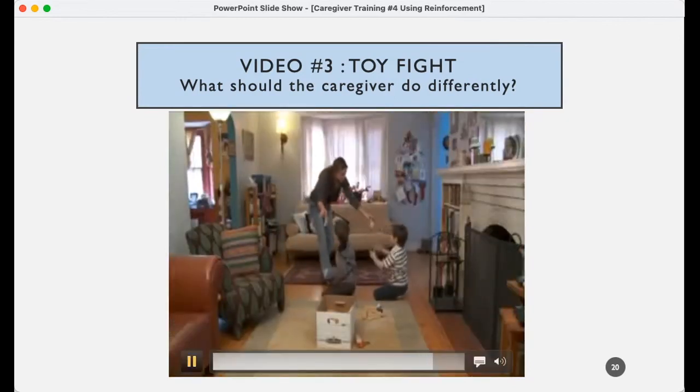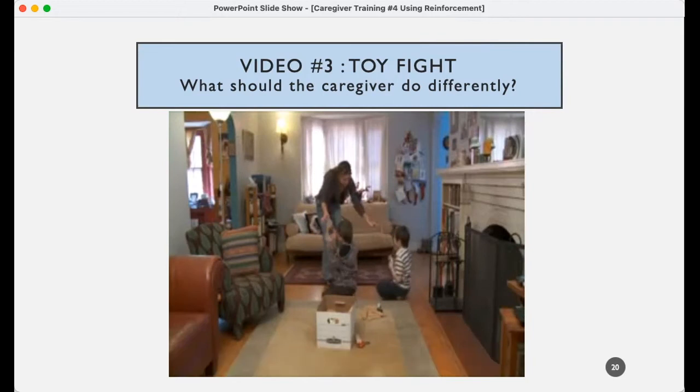Okay, so we see mom walks in, she sees that they're fighting, and she immediately wants to diffuse it, so she gives them that treat that she was getting. Now, her intention was to reinforce the cleaning up behavior, but because that reinforcement was so delayed, she ended up actually reinforcing the fight.